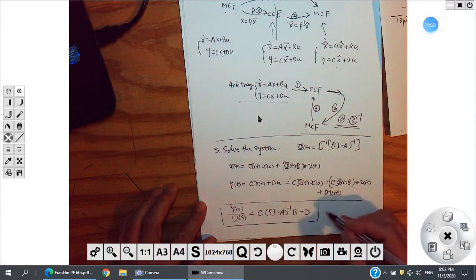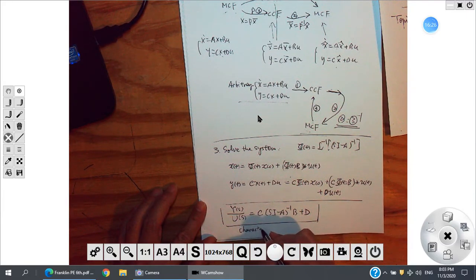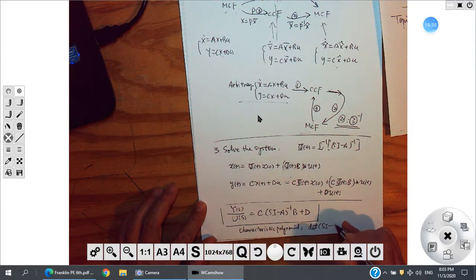So it is, we say, the characteristic polynomial, that is a determinant of sI minus A. This one will be the denominator, right? When you calculate the inverse, you need to put this in denominator.